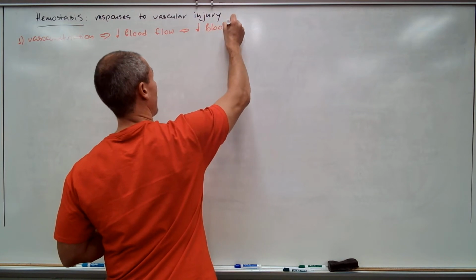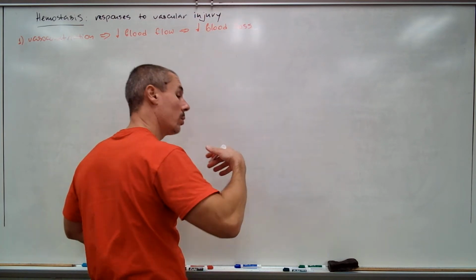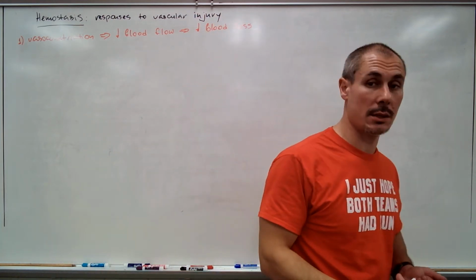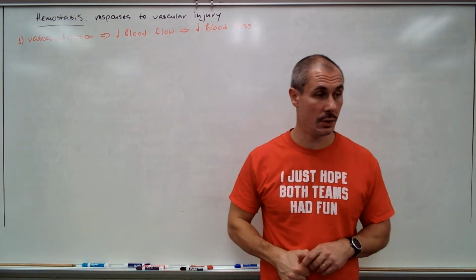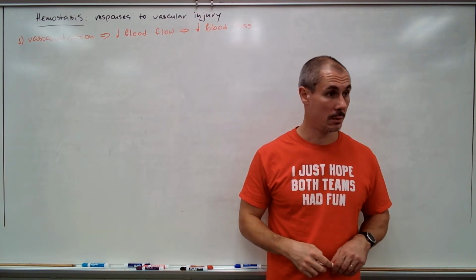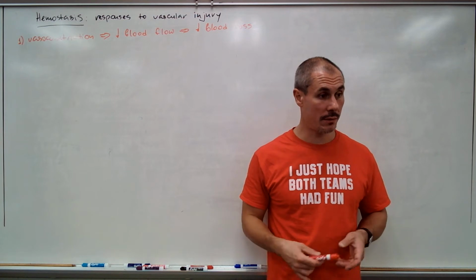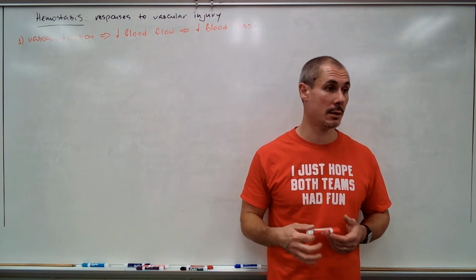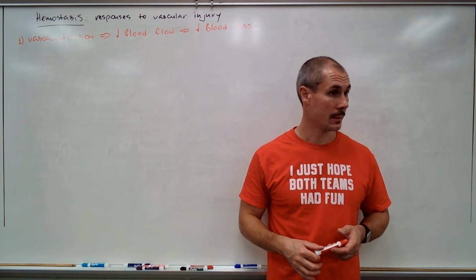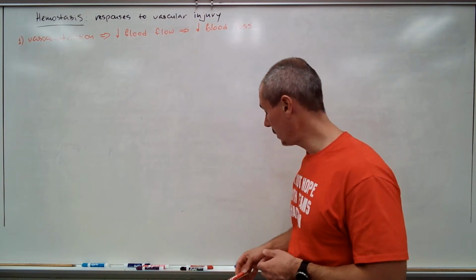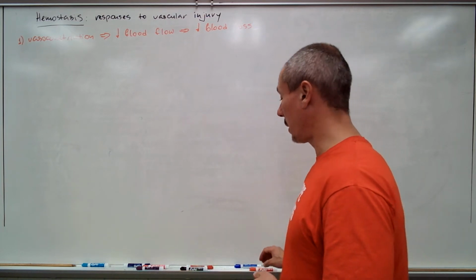If you think about it, the whole goal of hemostasis is to minimize the blood loss in the case of injury. Does it make sense to everybody? Good? Okay. Now, second step.